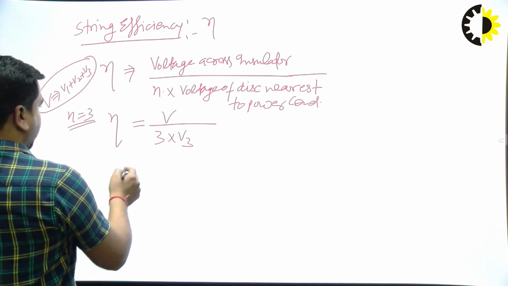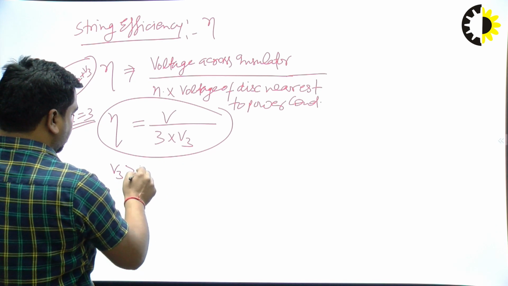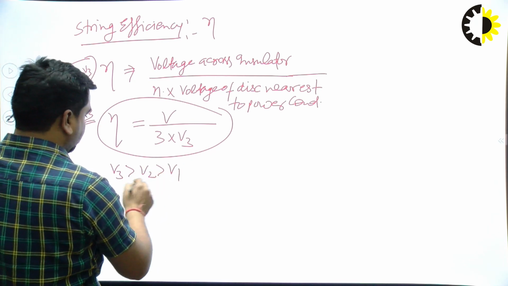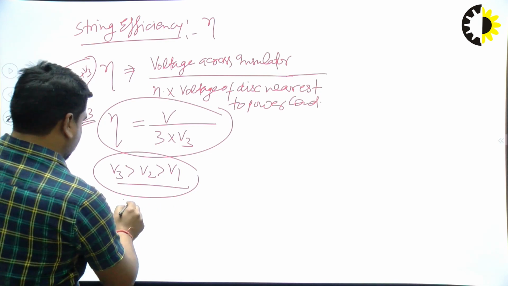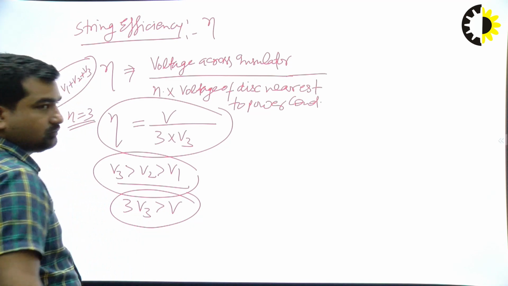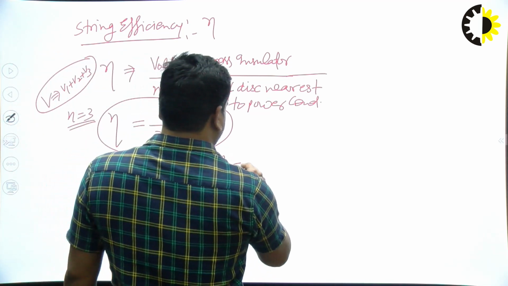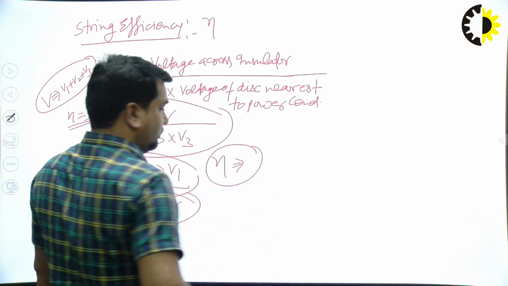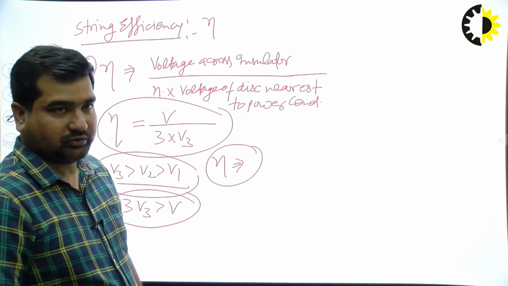As we have seen, V3 is greater than V2, which is greater than V1, so 3V3 is greater than V. Is it clear? We can say that efficiency is not 100%, it is almost 70 to 80%.